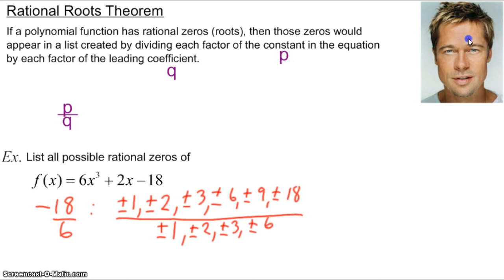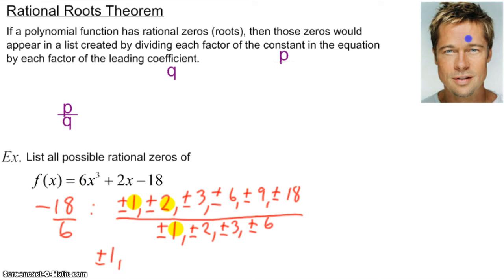Now, the way I do this is I take each top factor and divide it by each bottom number one at a time. So let's see here. I'm going to do, for example, positive and negative 1 divided by positive and negative 1. Well, that would give me positive and negative 1. Then I'll take positive and negative 2 divided by positive and negative 1.